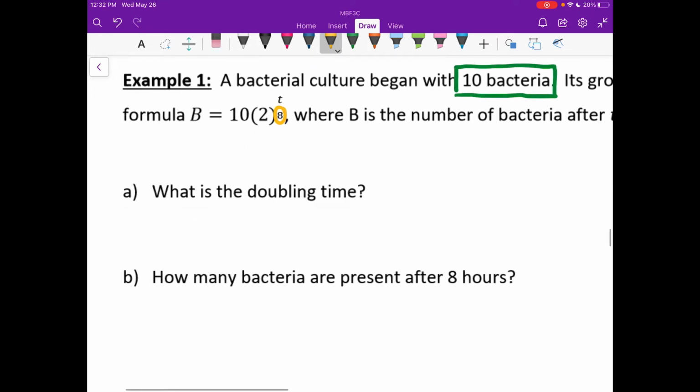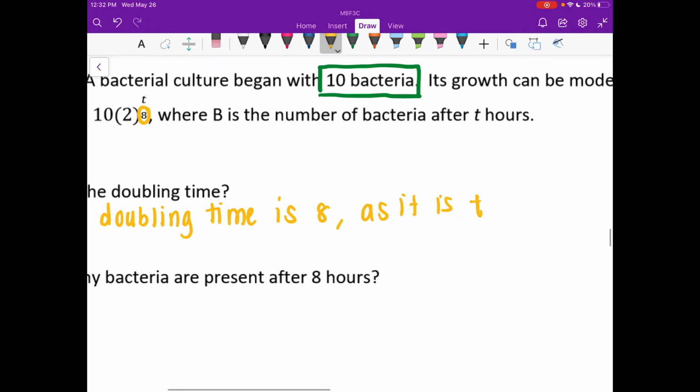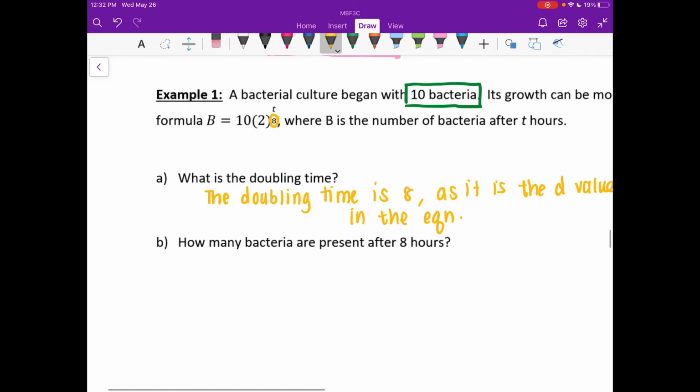So we know that the doubling time is 8 as it is the D value in the equation. And EQN just means equation.